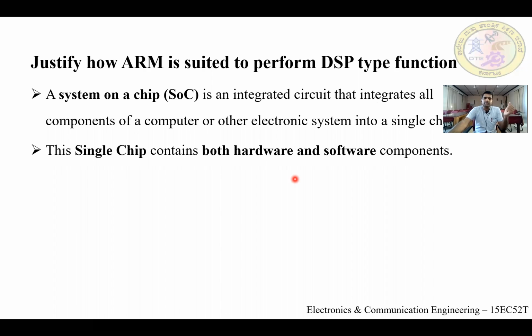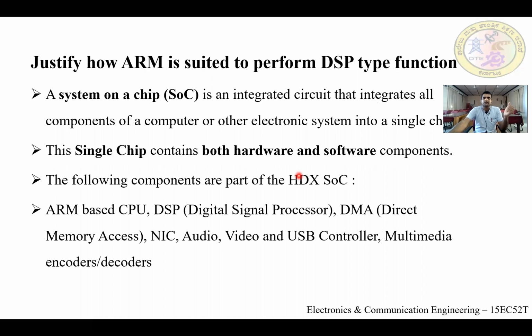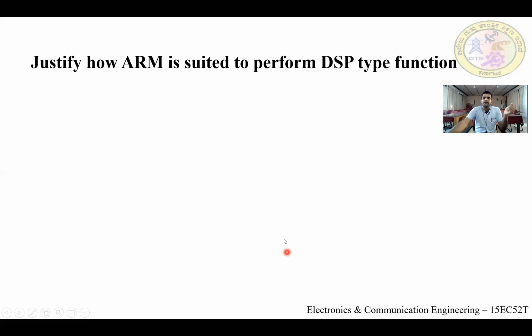A single chip contains both hardware and software components. The following components are part of a single chip: CPU, DSP unit, DMA, NAC, audio and video controller, and USB controller. So we can see the block diagram of a system on a chip.